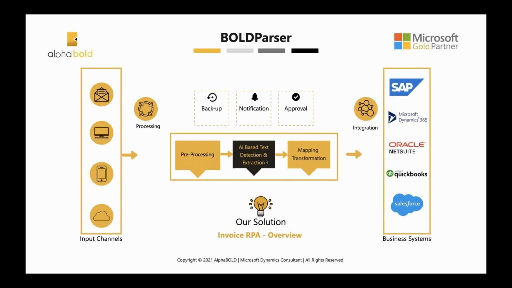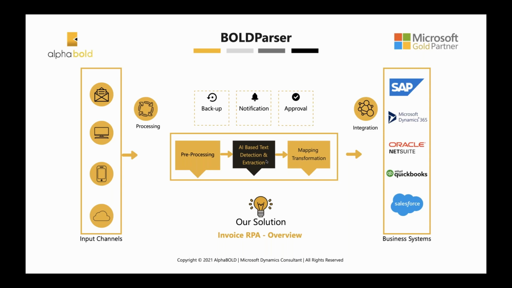Once we have ingested the given invoice from a particular channel, it's time to process the invoice. This step includes the following subsets: pre-processing the data, running the AI-based document reader, which is pre-trained on the given invoice's format, and that is done to extract the text data from the PDF, for example.